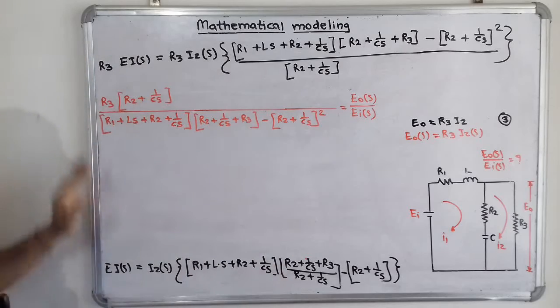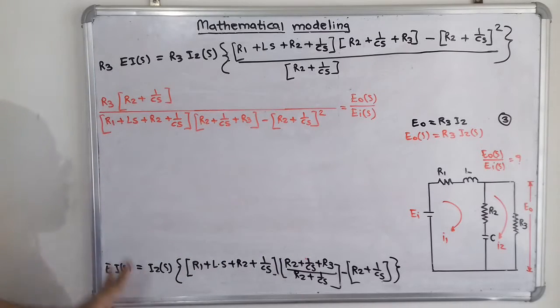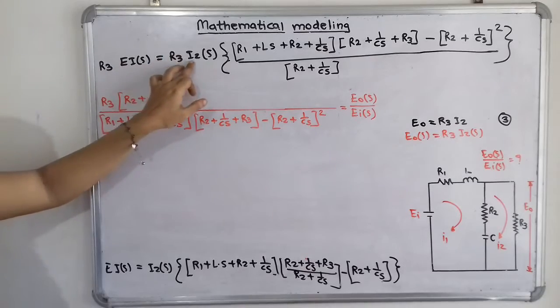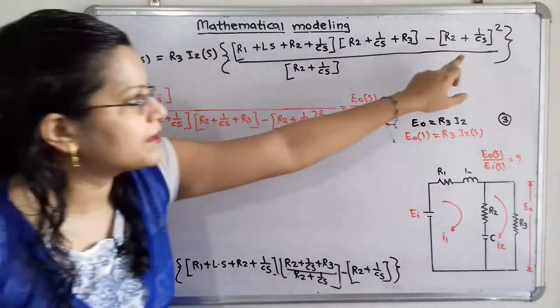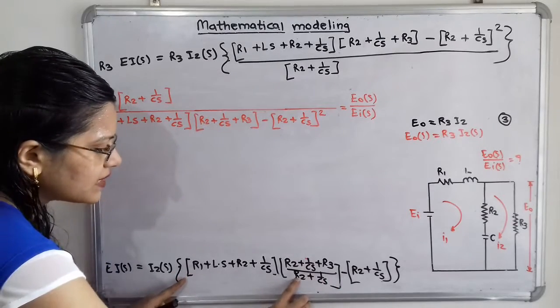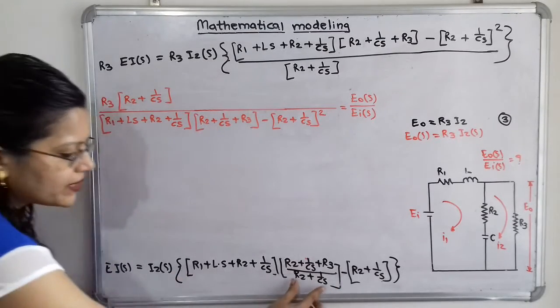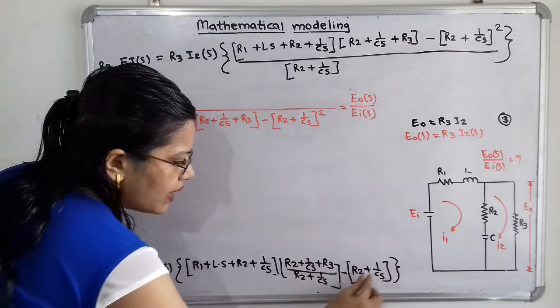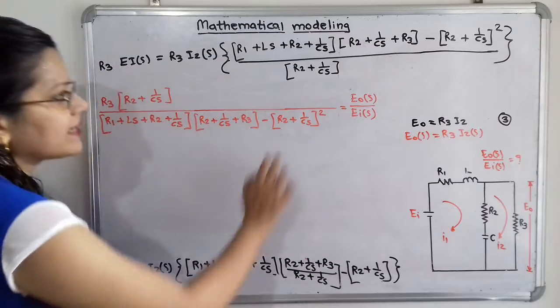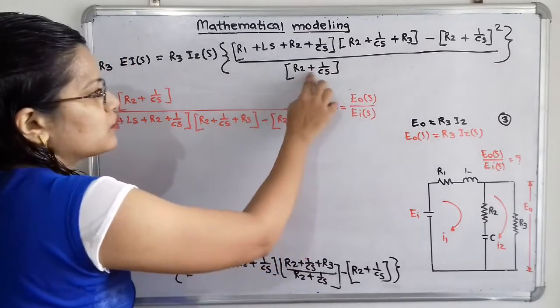So first I will multiply on both sides with R3. So R3 EI of S is equal to R3 I2 of S. Now inside the bracket, for this whole term, this denominator is R2 plus 1 by Cs, so I multiply this term by R2 plus 1 by Cs, and after that we can take the whole denominator as R2 plus 1 by Cs.